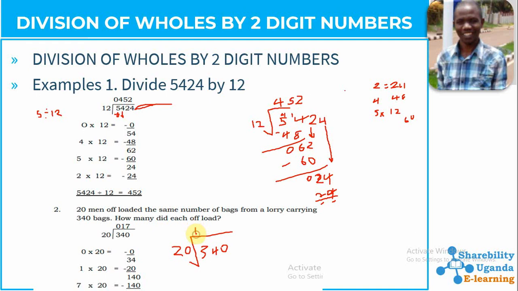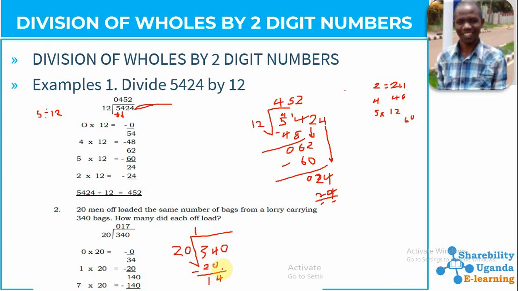So when we say 34 divided by 20, they share 1 1. So when you say 1 1, they share 1 1. What is 1 times 20? We shall still get our 20. Okay, so when you also still subtract, we shall get our 4, and here we shall get our 1.